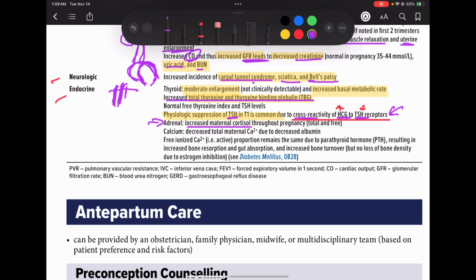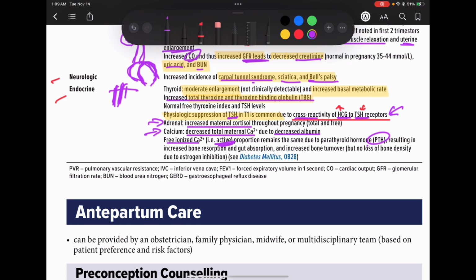Okay. Moving forward, calcium. Decreased total maternal calcium due to decreased albumin. So in pregnancy there is decreased albumin, which would apparently show that there is decreased total maternal calcium. But the useful calcium, the free ionized calcium, the active part of calcium, remains the same, because the parathyroid hormone is there, right?